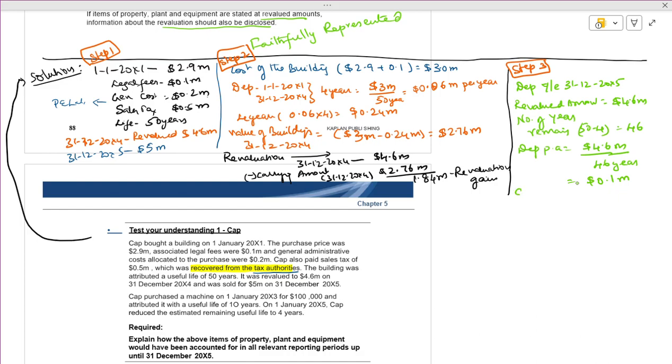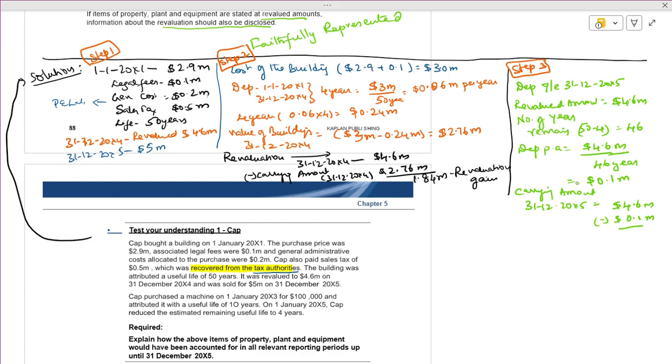Now carrying amount is how much? Carrying amount as on 31/12/2005. What is the beginning amount? It is 4.6 million minus 0.1.